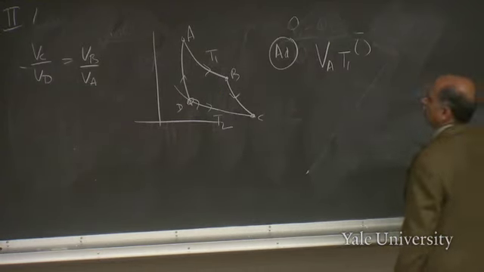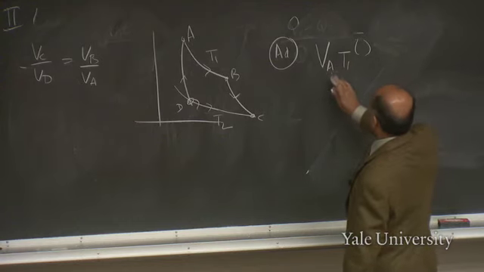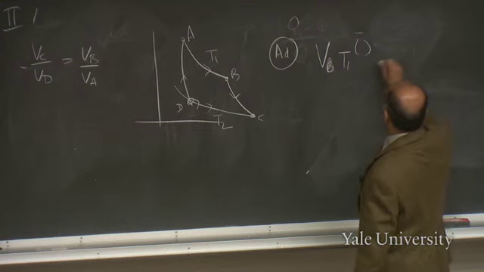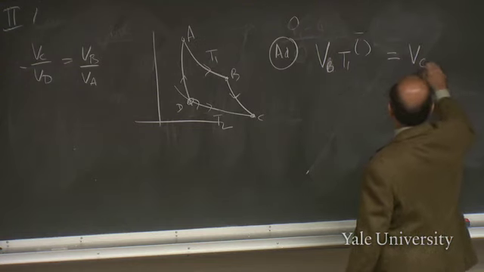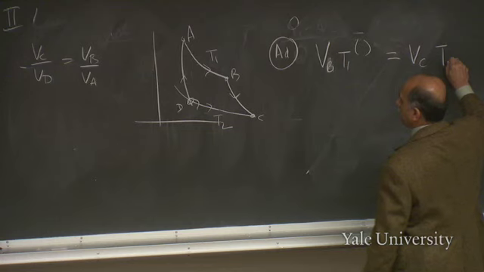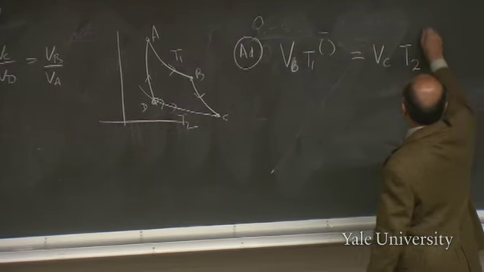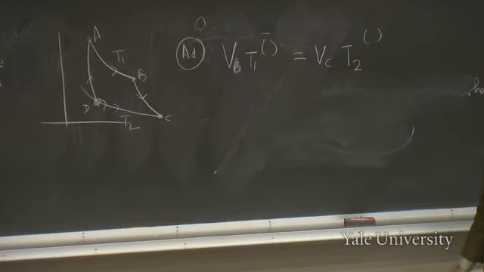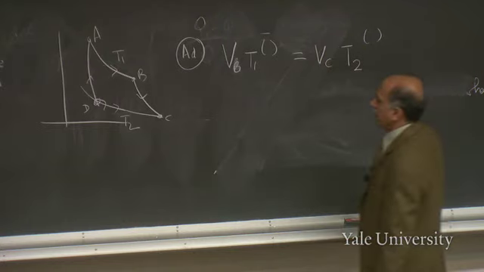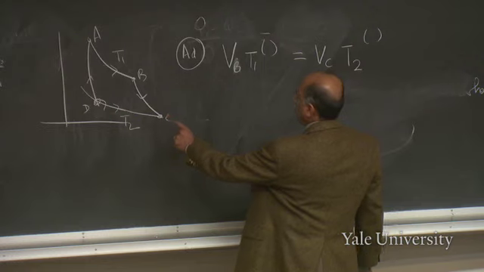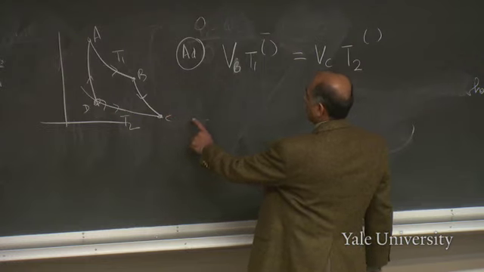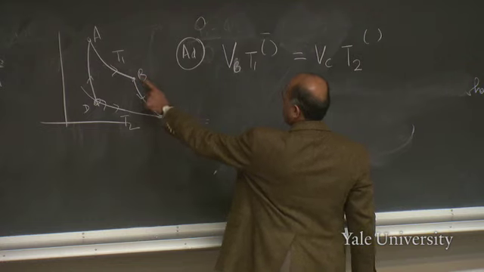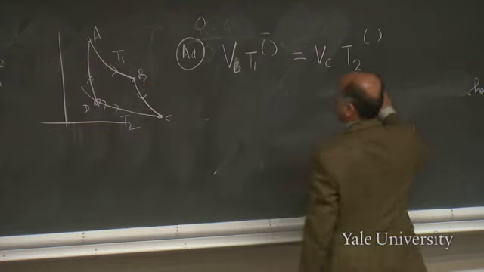It's the same as volume B times temperature to some power is the same as volume C, the same temperature T2 to some power. Because when the process is adiabatic, we have seen PV to the gamma is constant, but I told you can also write it as volume times temperature to some power is a constant. So B and C are correlated this way.